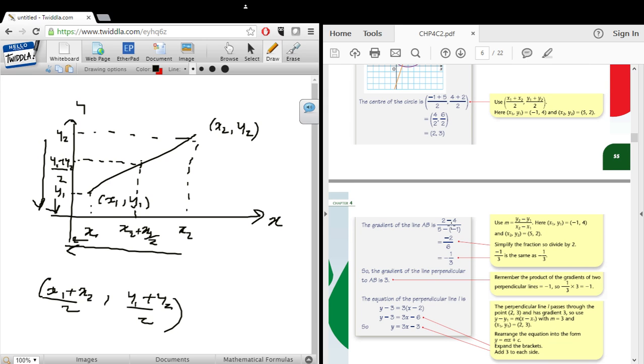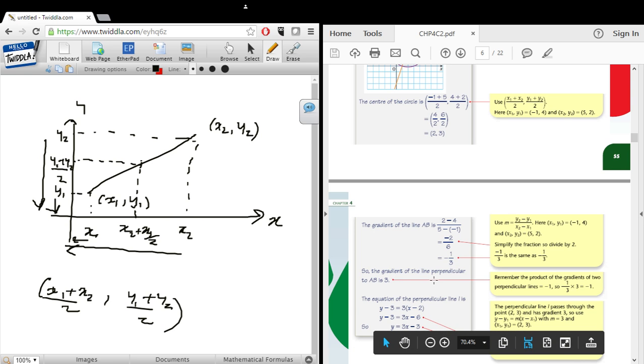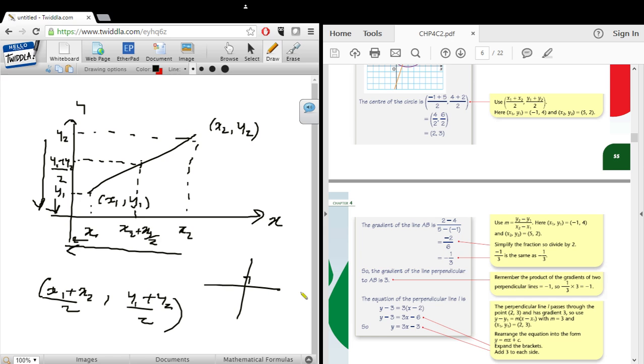And then we know that the gradient of the line is, using our formula and the fact that we have a point, 1/3, and so the gradient of the perpendicular to AB is 3, because remember we said that for these lines to be perpendicular to one another, if this is line L1, L2, then the gradient of L2 multiplied by the gradient of L1 is going to equal -1, if you remember that.